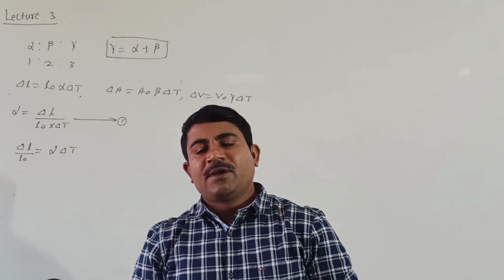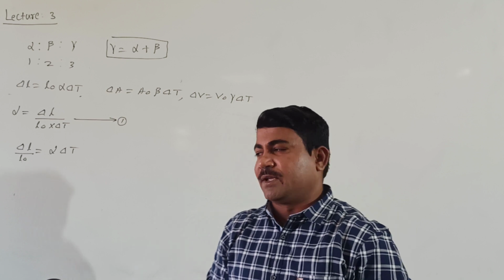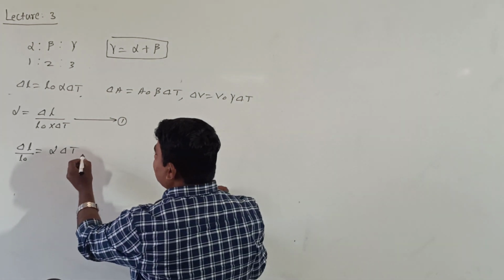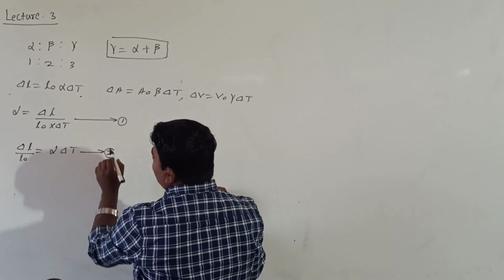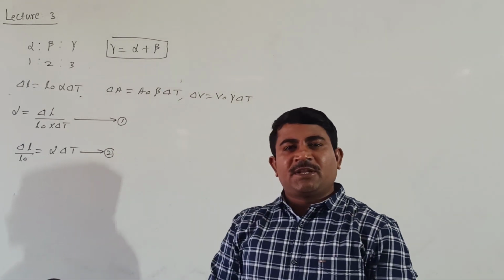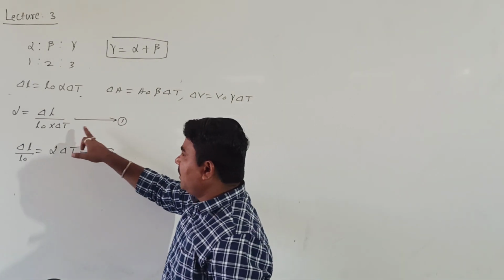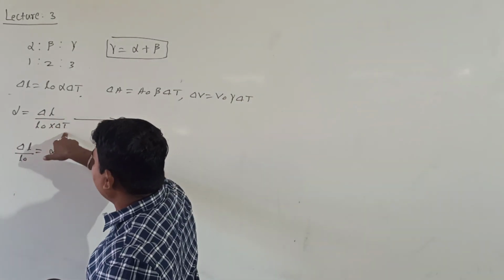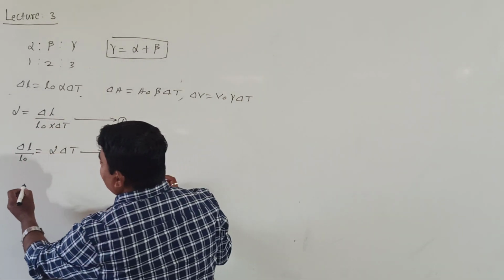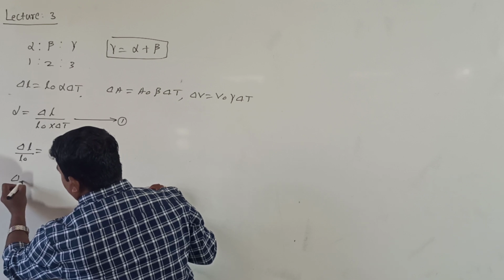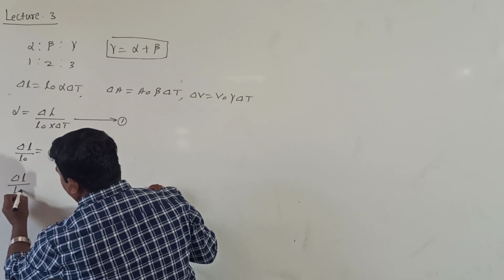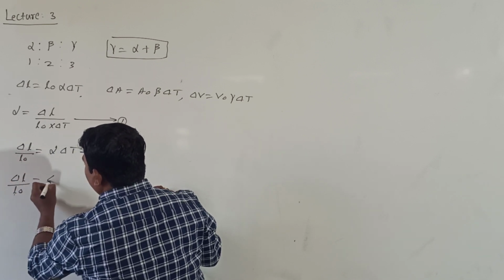We call that fractional change in length. See here, shall I call this equation number 2? This fractional change in length can also be represented in some other way. Look at equation 1, alpha equal to del L divided by L0 into delta t. Then del L divided by L0 equals alpha. How to represent it?